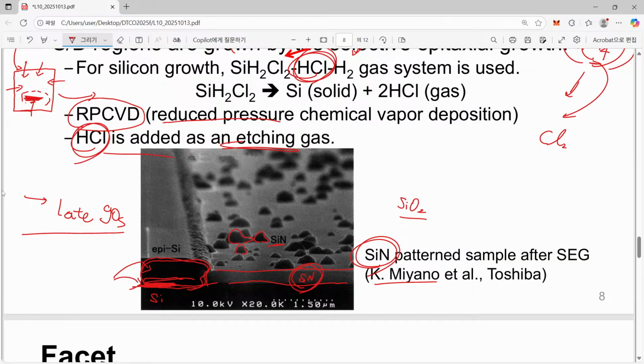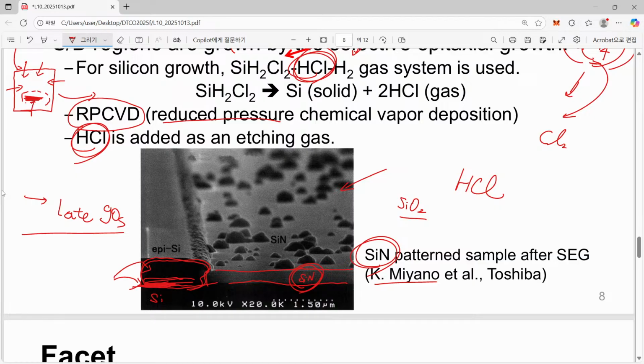Nucleation is quite fast, and on silicon nitride, it happens but slower than in the silicon case. By using HCl, this small generated silicon nucleation is continuously eliminated, and we have a quite beautiful clean surface even when we have silicon nitride.